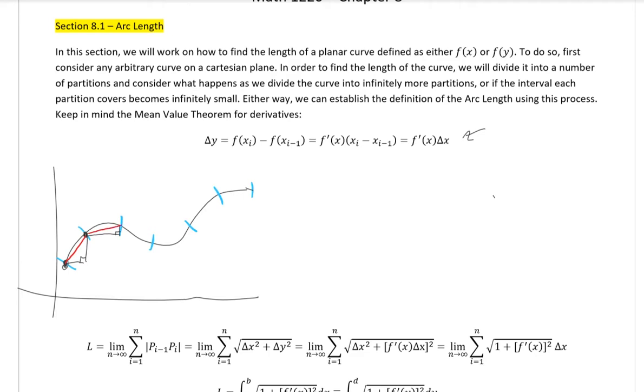Note that every time I do this, I'm not necessarily going to get to a really good answer, but I am going to get to an approximate answer. And I can get closer and closer the more I partition this. So with the current state of things, I would find each of those partitions using these right triangles that are just defined by using the x and y coordinates.